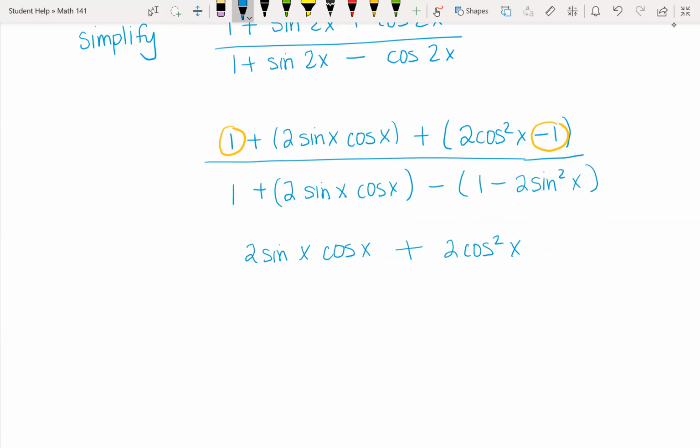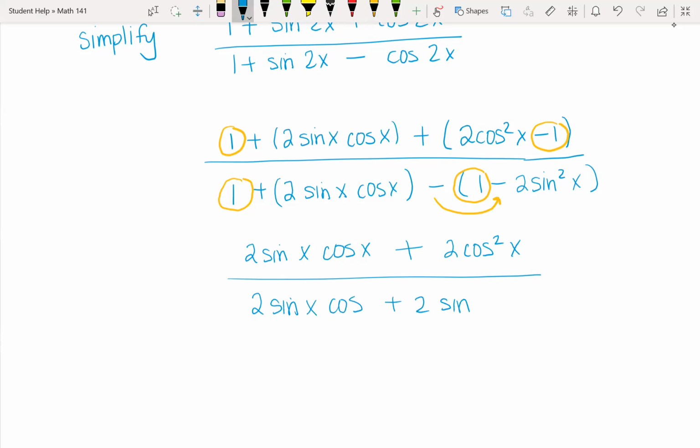Similarly in the denominator, this 1 and this minus 1 are going to cancel. So in the denominator, I'll have 2 sine of x cosine of x, but remember that this negative is going to distribute here and change to positive. So plus 2 sine squared of x.